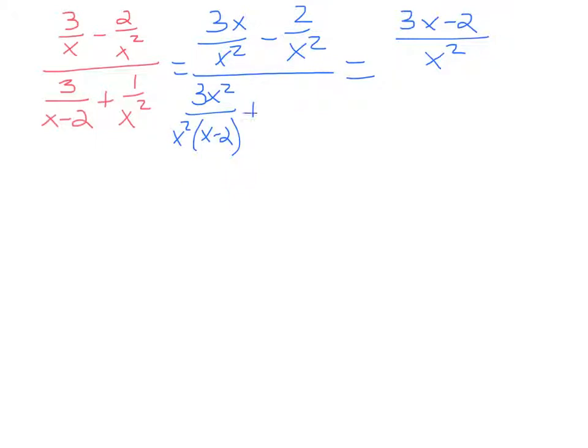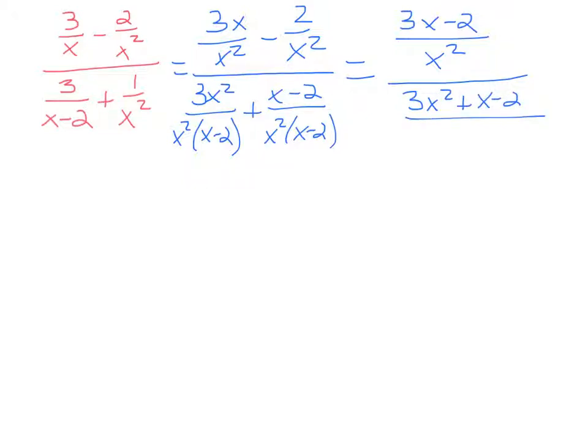So we would have x minus 2 over x squared times x minus 2. And that'll simplify into 3x squared plus x minus 2 all over x squared times x minus 2.